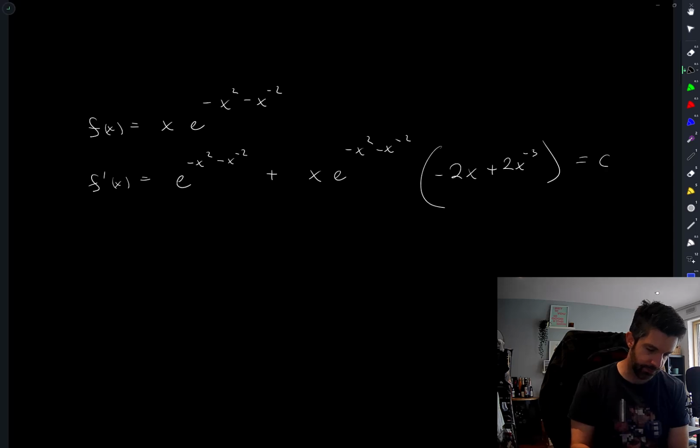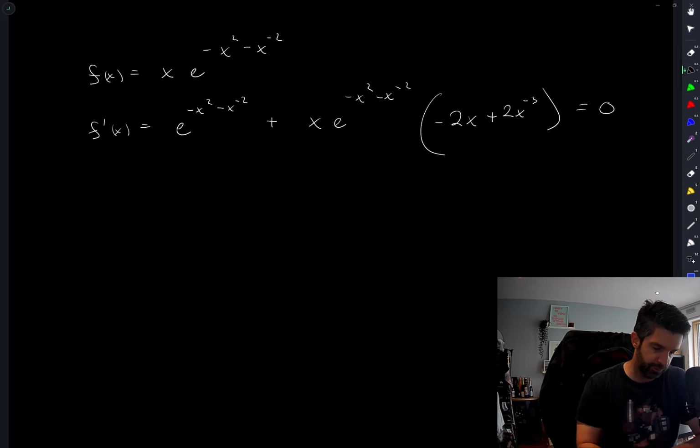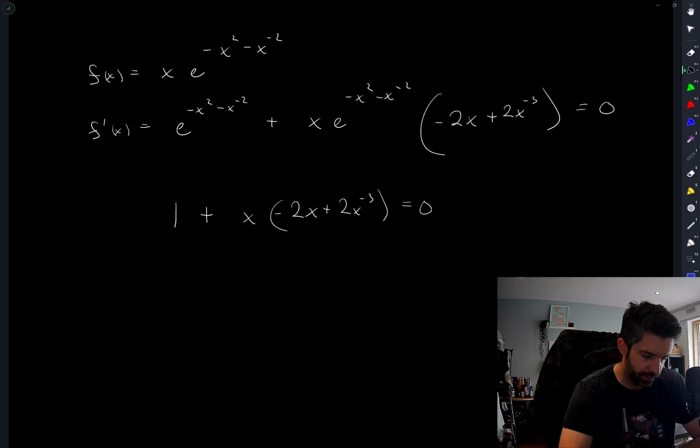Let's set that equal to 0. So the exponentials are gone. I have 1 plus x times... let me make sure I did this part correctly. The derivative of the exponent: negative 2x plus 2x to the negative 3.